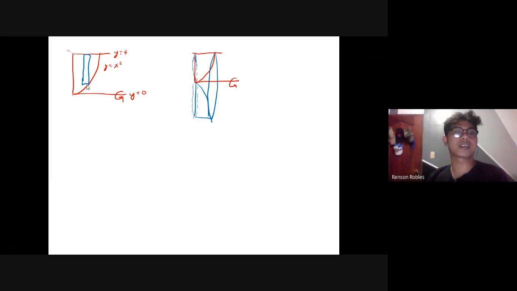Is the element touching the axis of revolution? Hindi po, sir. Okay? It's because the axis of revolution, y equals 0, is no longer one of the boundaries. So the question is, can we still use this method?